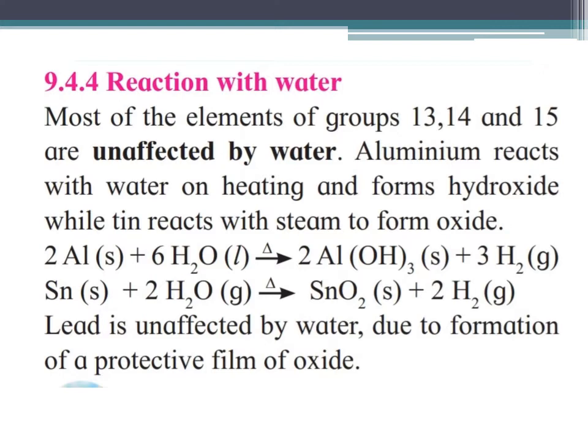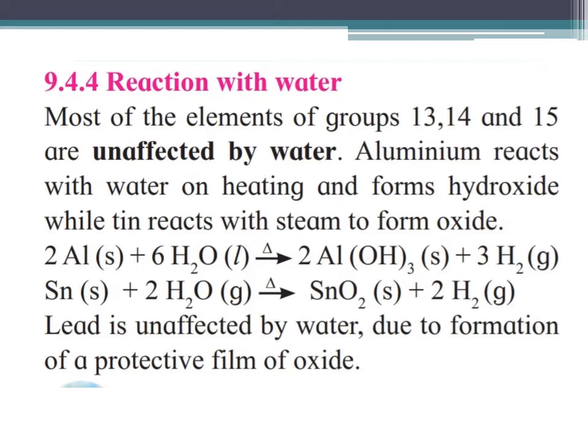And tin reacts with steam to form oxide. Now what do we understand by steam? Steam is nothing but vapor plus heating. So when tin is reacted with steam, it leads to the formation of oxide. Aluminium forms hydroxide and tin forms oxide.